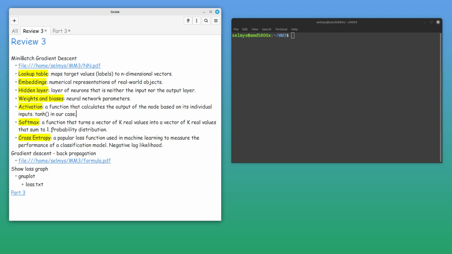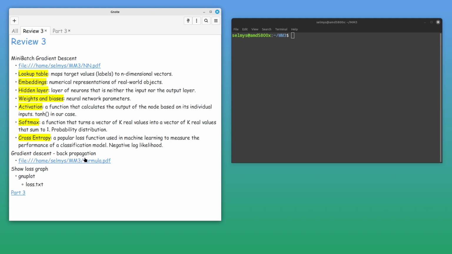So basically with softmax, we produce a probability distribution, so values from 0 to 1 for all the different items. We also looked at the cross entropy function. It's basically a loss function used in machine learning to measure the performance of your model, and it uses negative log likelihood. Okay, so that's how we measure our loss.